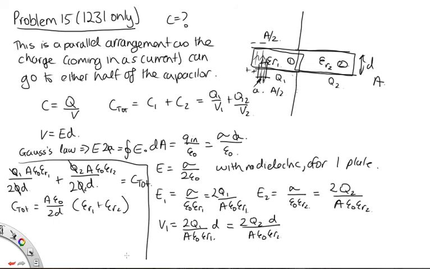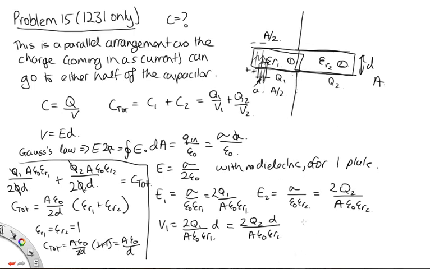So let's consider if epsilon R1 is equal to epsilon R2 is equal to 1, i.e. there's no dielectric here, then in that case we have C total is equal to A epsilon naught over 2D outside of 1 plus 1. This cancels with that, and we have A epsilon naught on D, which is the case for a parallel plate capacitor with no dielectric. So that is in agreement with what we predict.